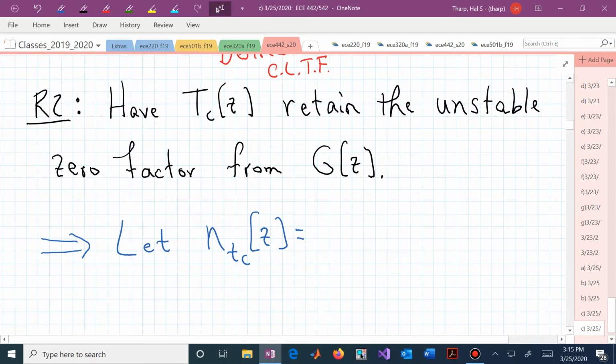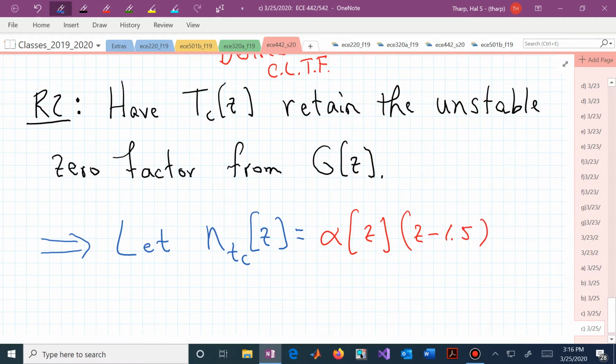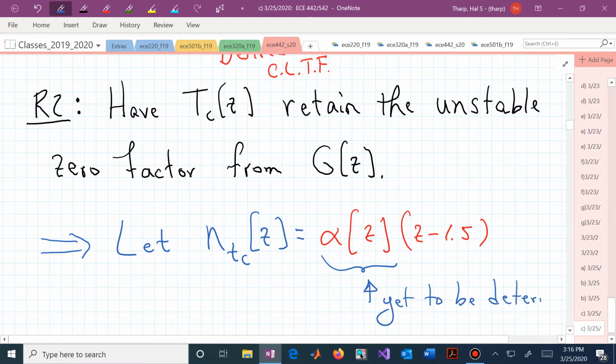So restriction 2 says that we need T sub C of Z to retain the unstable zero factor from G of Z, so we have this alpha of z, yet to be determined, times this factor z minus 1.5. That's the factor that needs to be retained. This factor still needs to be determined.